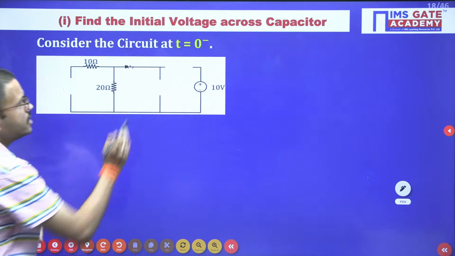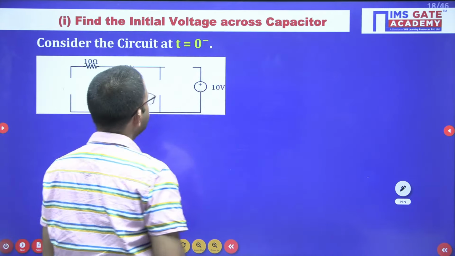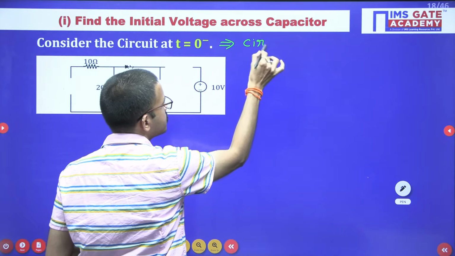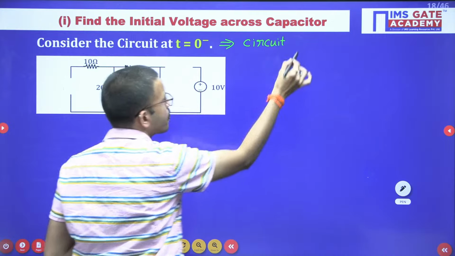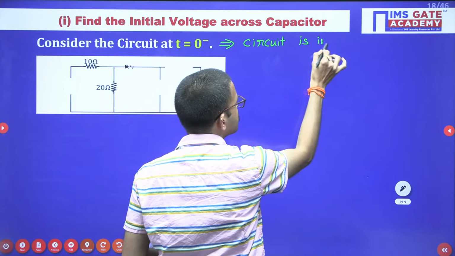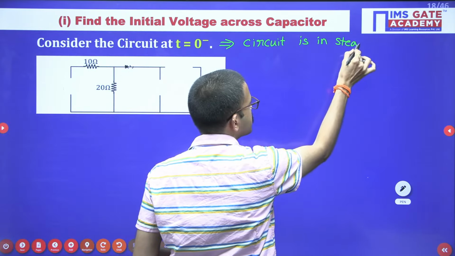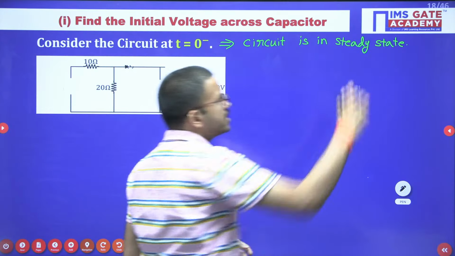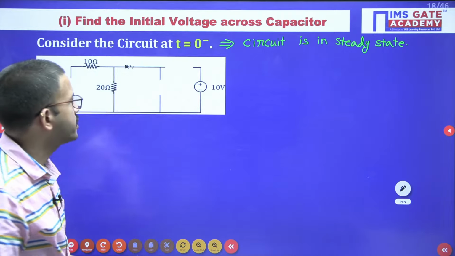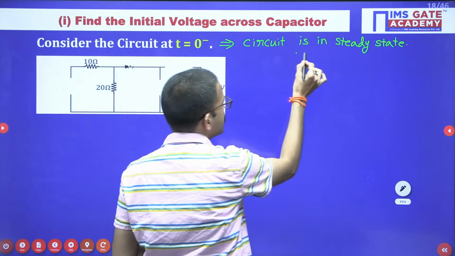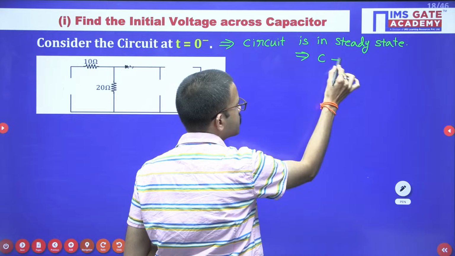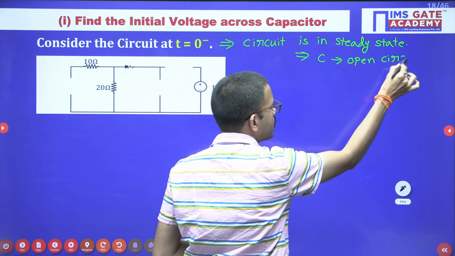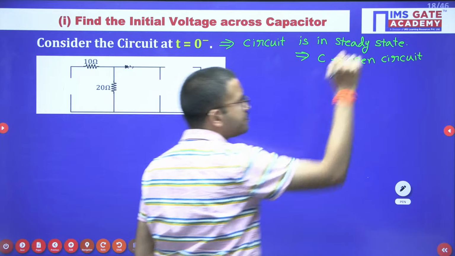At t equal to 0 minus, the circuit is in steady state. In steady state, the capacitor acts as an open circuit.